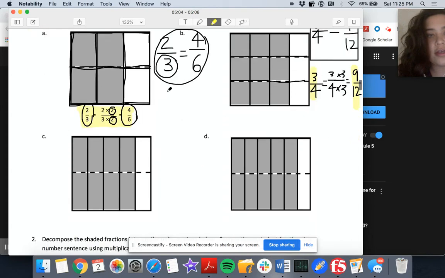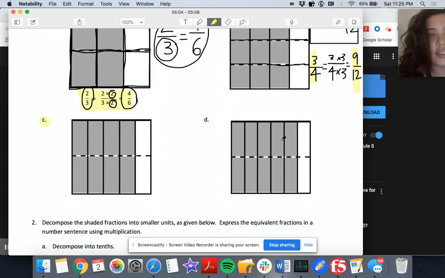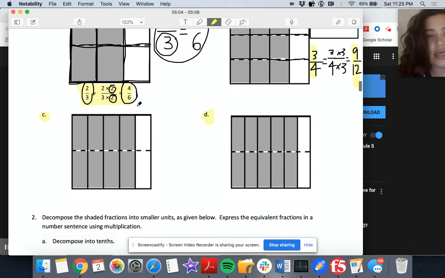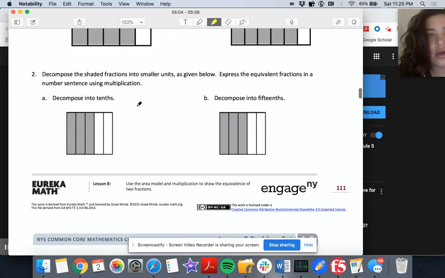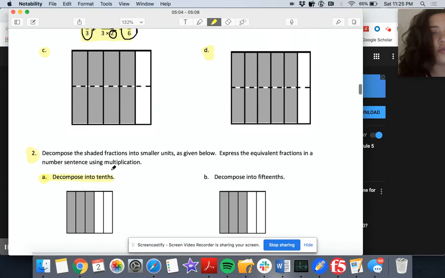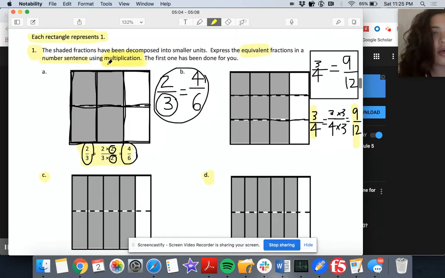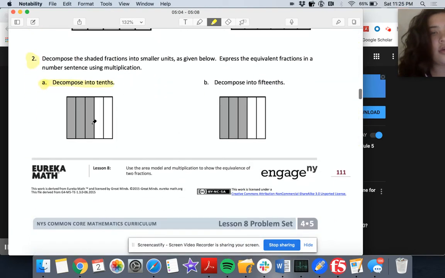Okay, so I want you guys to try C and D on your own. And also, you guys will be doing number 2 on your own. For A, we are decomposing into tenths. So they want you to do the same exact thing as you did up here, but you're going to draw your own dashed lines horizontally.